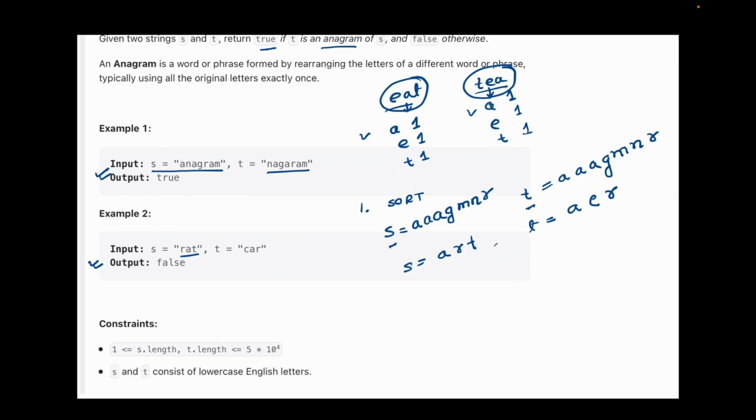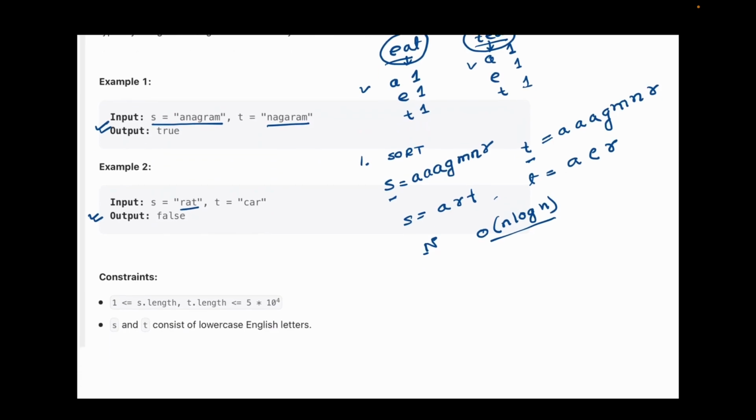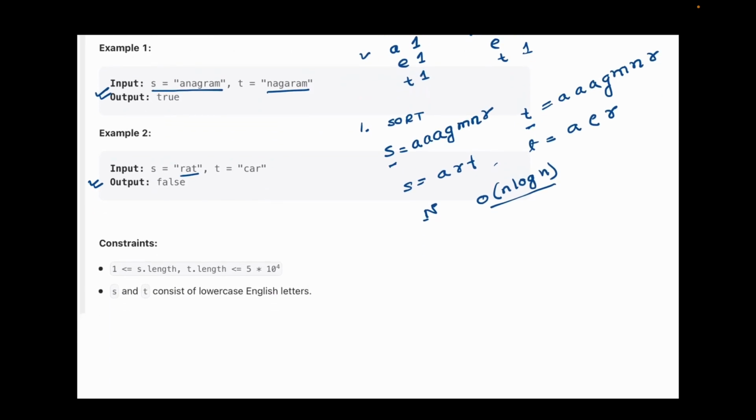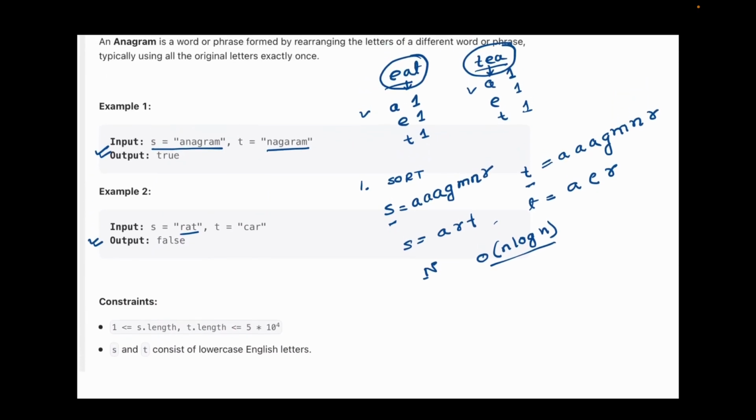Now, what is the time complexity of this solution? If the length of both strings is n, they need n log n to sort the string. Can we do better? Yes, we can optimize the solution by just understanding what we need to achieve.